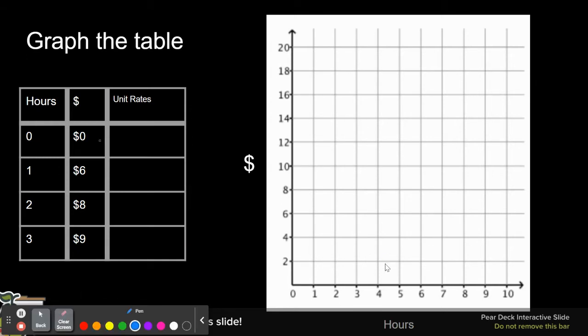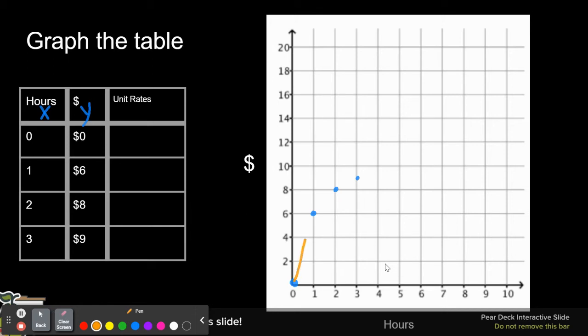Okay, I'm going to start at this point here, (0, 0). Again, x, y. This is (1, 6), (2, 8), (3, 9). And we see with this graph that it is not proportional.